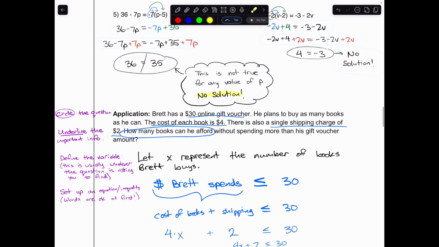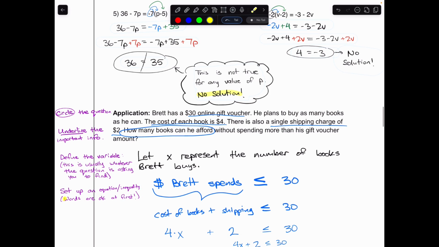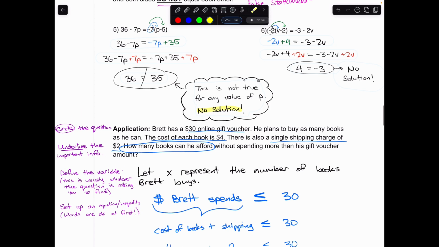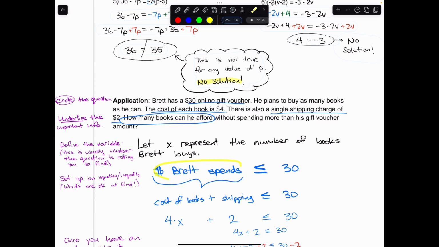And then I think that the trickiest part is this last part. We need to set up an inequality, but words are okay at first. You don't have to jump from defining your variable straight to an inequality. You can say, well, okay, the money that Brett spends, he has a cap. He can only spend the $30 that he has, right, in gift vouchers.